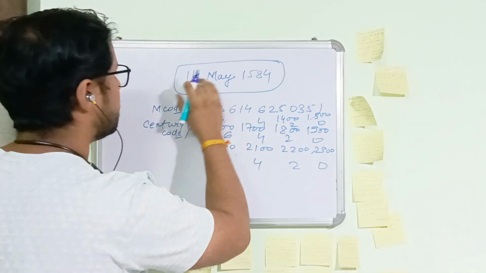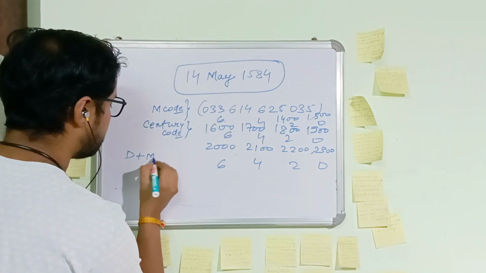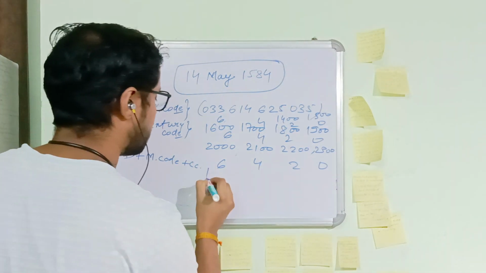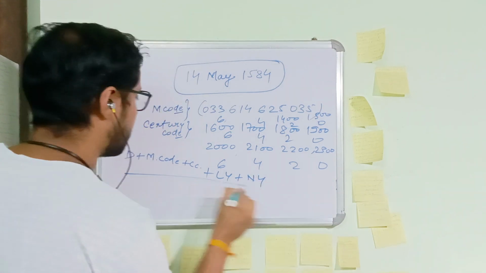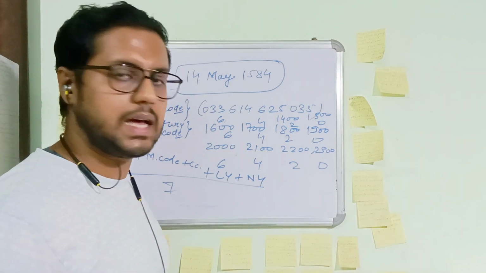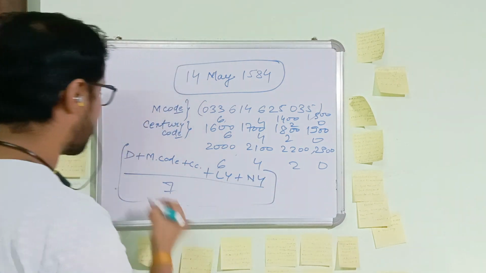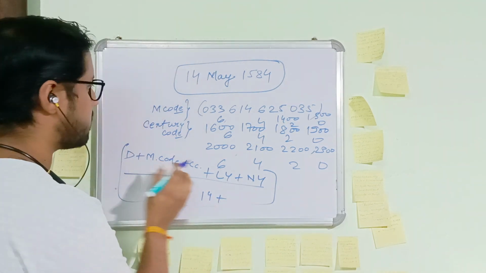So you have to find the day. There is a formula: day plus month code plus century code plus leap years plus normal years, divided by 7. Okay, so the date is 14 May: 14 plus month code.